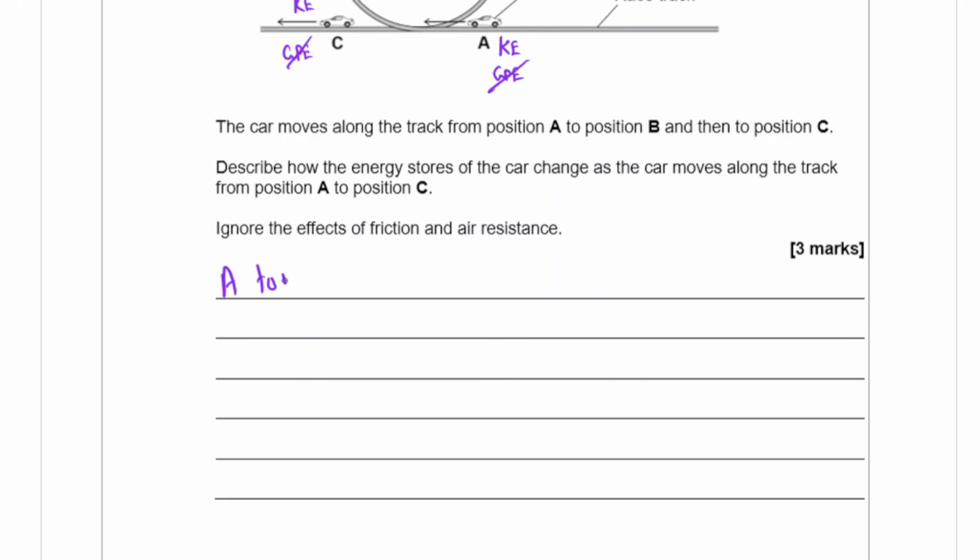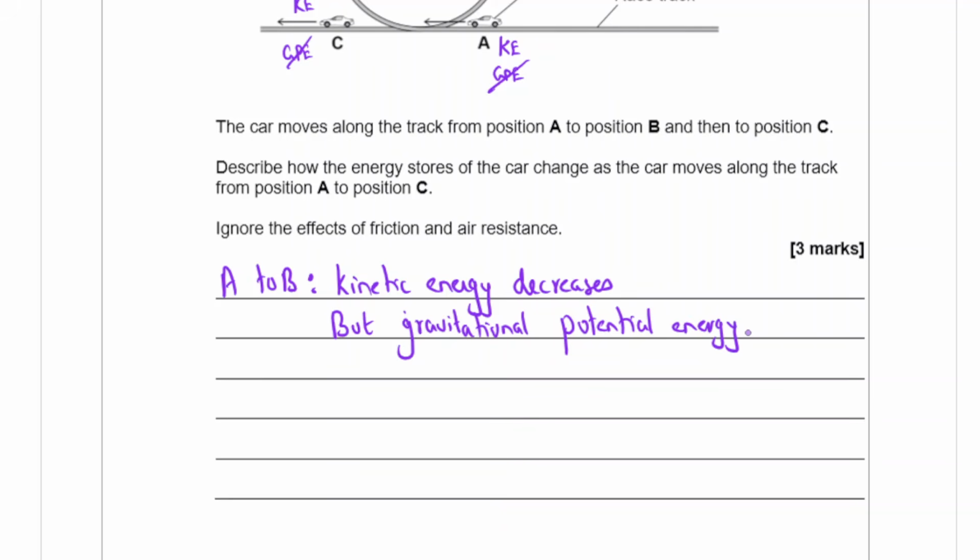A to B: kinetic energy decreases, but gravitational potential energy increases.